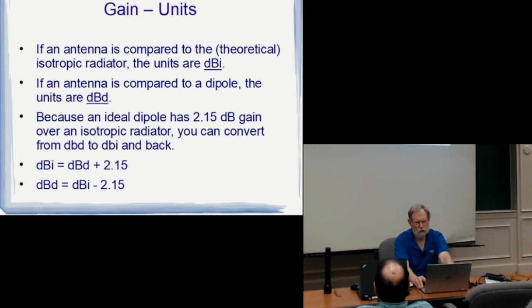Because an ideal dipole has 2.15 dB gain over an isotropic radiator, you can convert back and forth from dBi to dBd just by adding or subtracting the 2.15 dB.